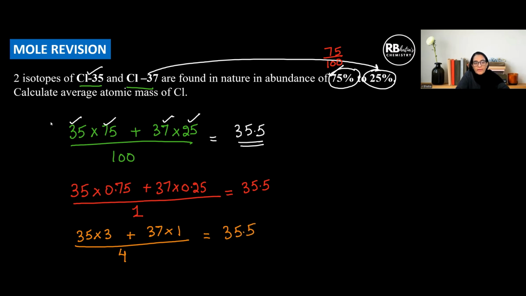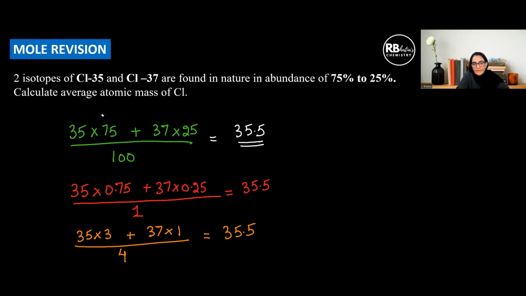So I could calculate it by any of these three methods. I hope this is well understood. So this is one way a question can be asked, where you are given the atomic masses of the individual isotopes and their fractional abundance, and you are asked the average atomic mass.